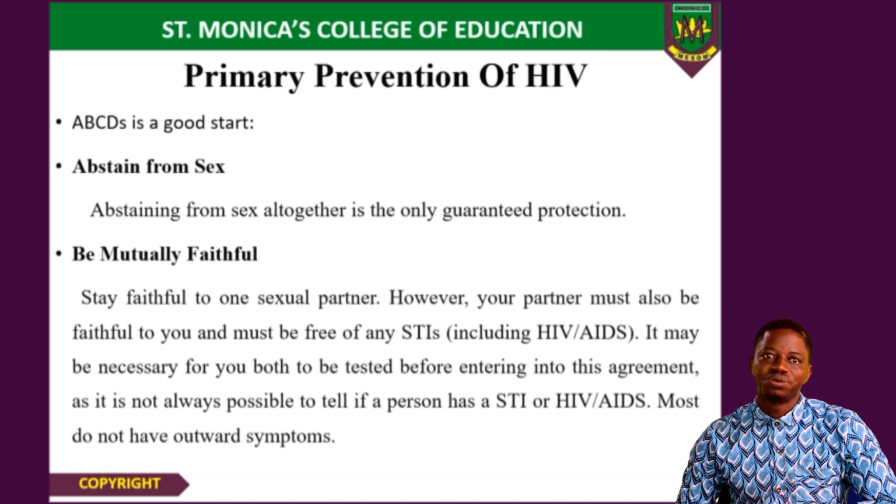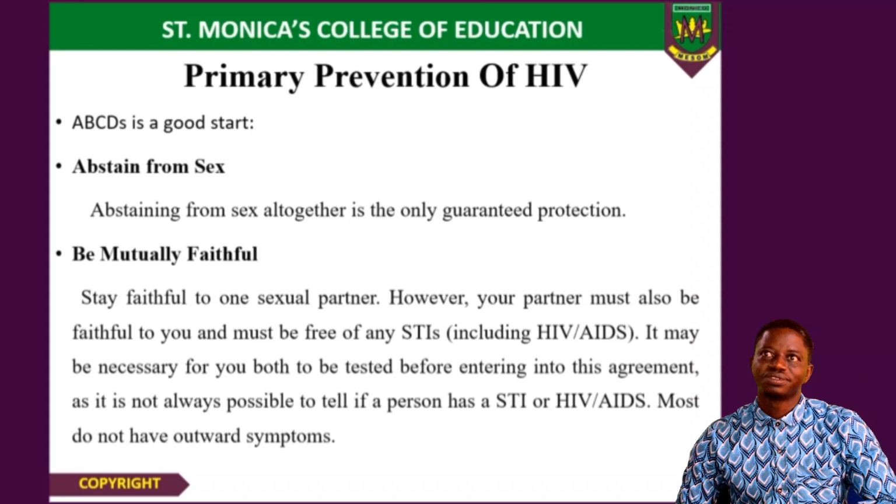Most do not have outward symptoms. Sometimes, even if you are infected, you wouldn't know. And most of you enter into a relationship and you use a condom for 2-3 days. The next day you say, once we are in a relationship, let's stop. Then you're going raw.